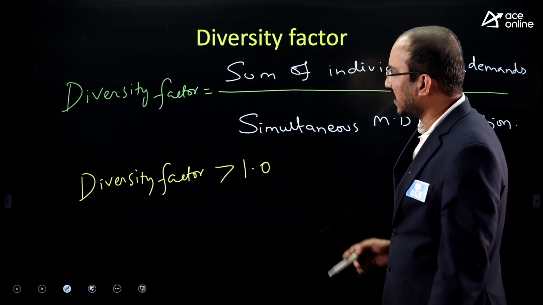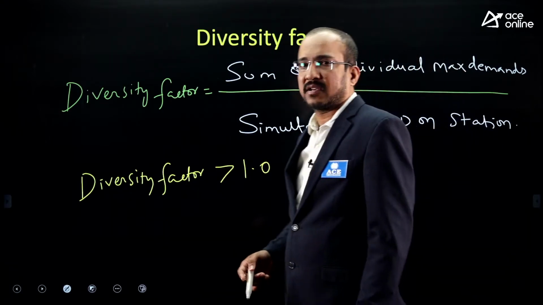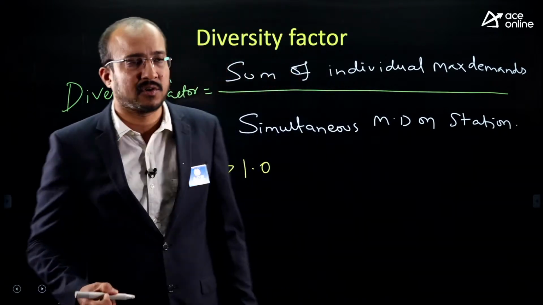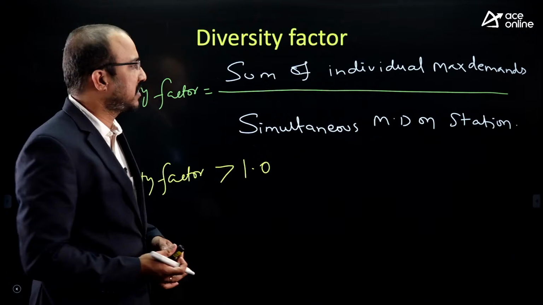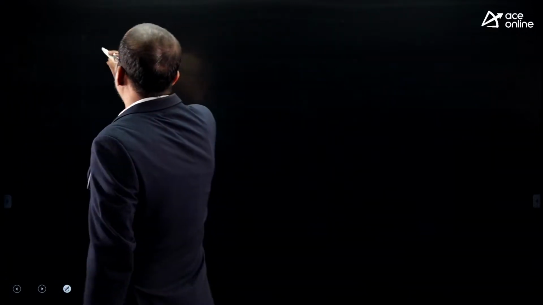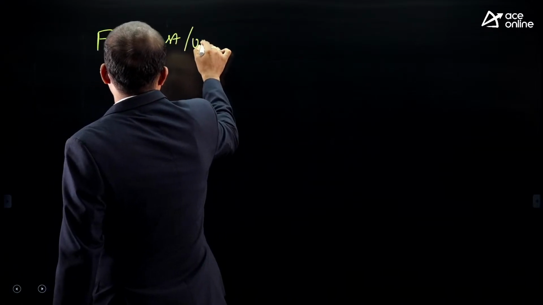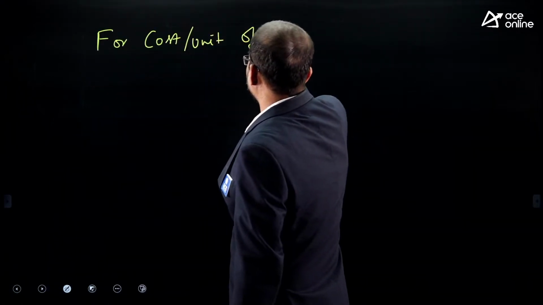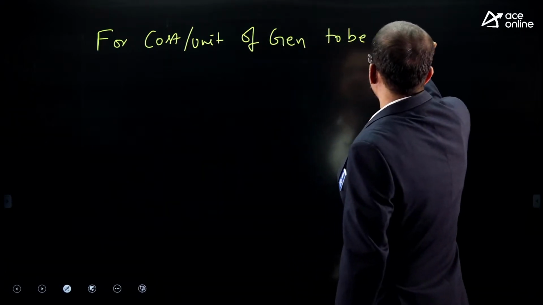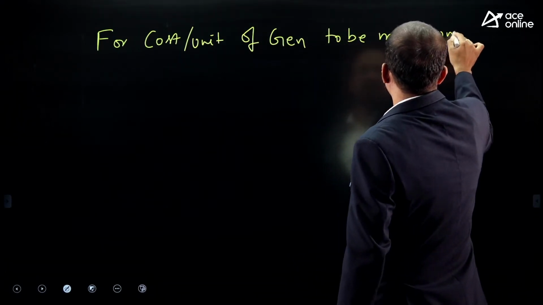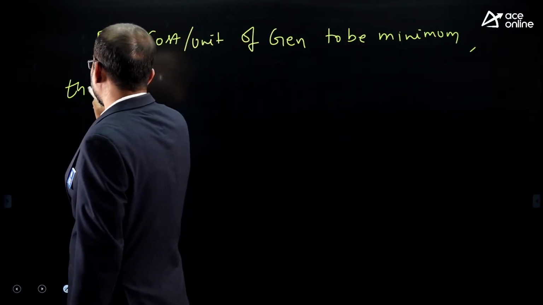Now the question may go like this: for the cost per unit of generation to be minimum, the diversity factor should be high or low? The diversity factor should be high.